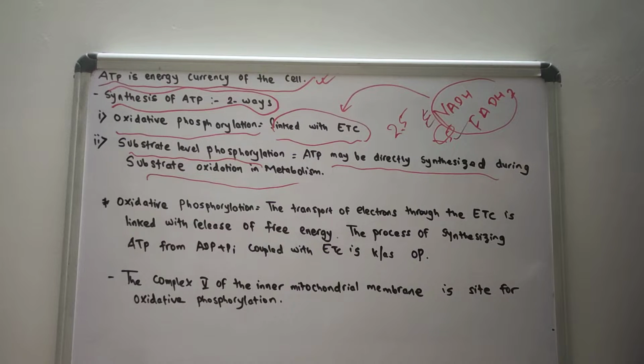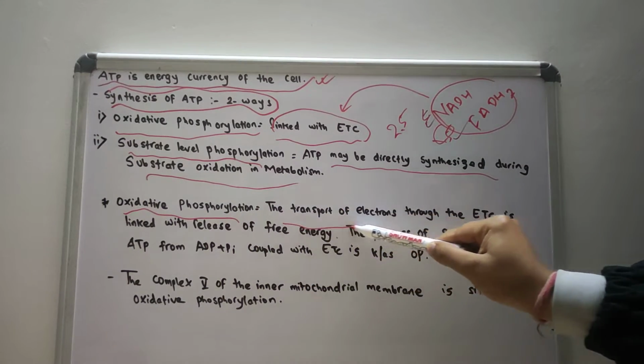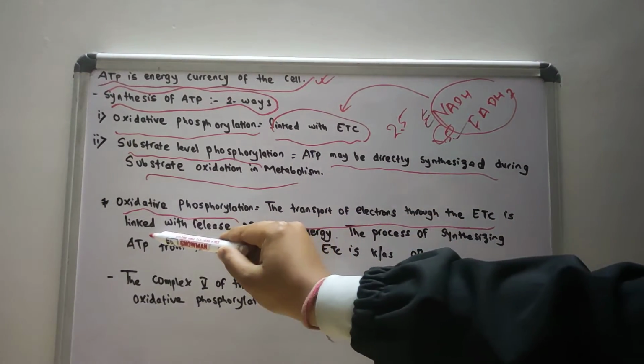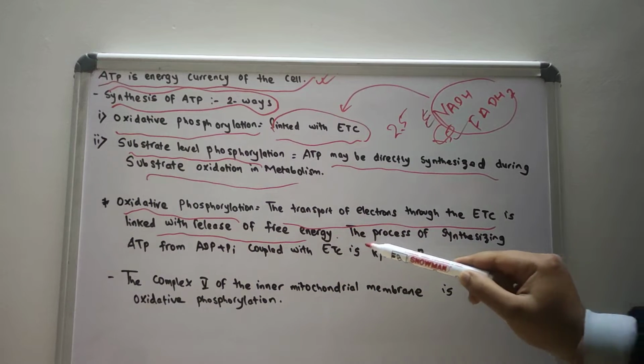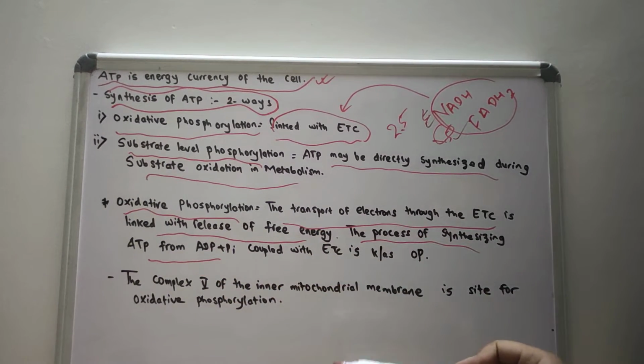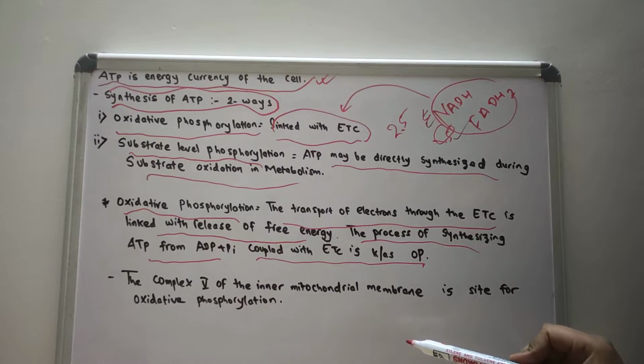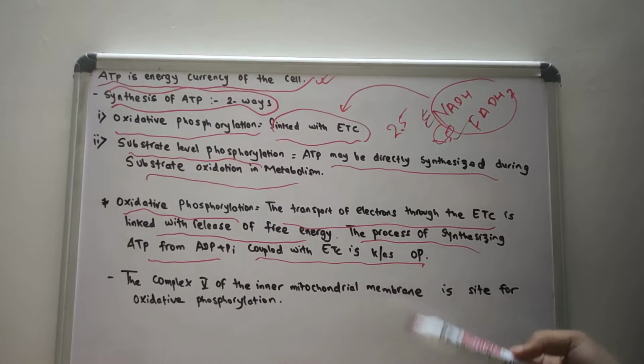Again, I am going to elaborate in more detail about oxidative phosphorylation. The transport of electrons through the electron transport chain is linked with the release of free energy. The process of synthesizing ATP from ADP plus phosphate, coupled with the electron transport chain, is known as oxidative phosphorylation. In the electron transport chain there are various complexes: complex 1, complex 2, complex 3, complex 4 and complex 5.